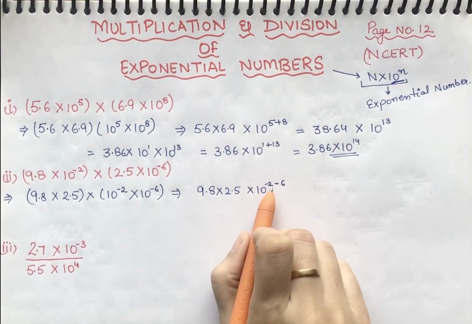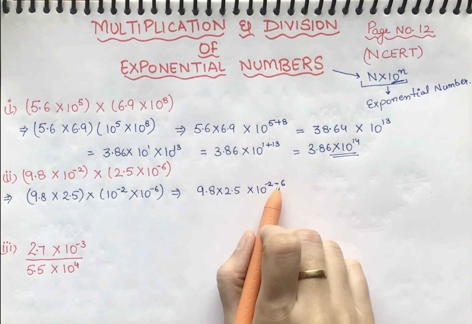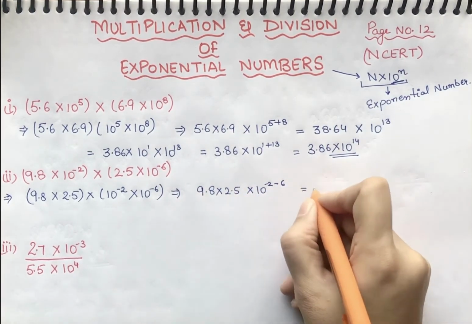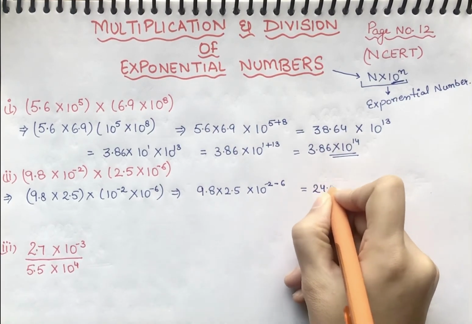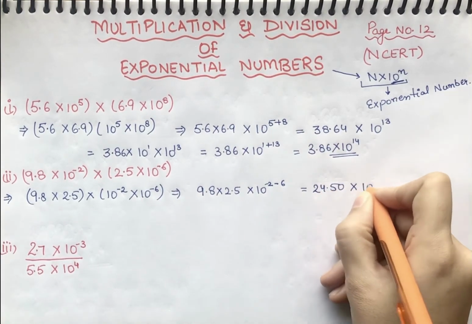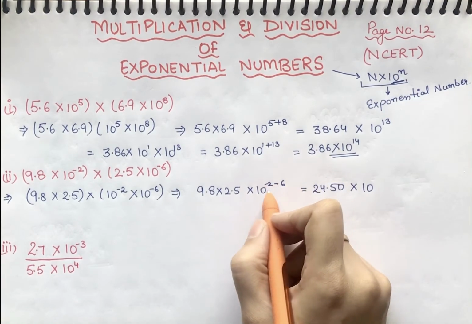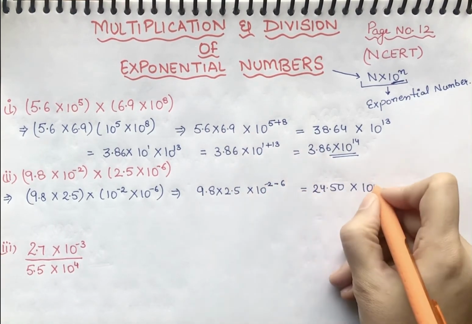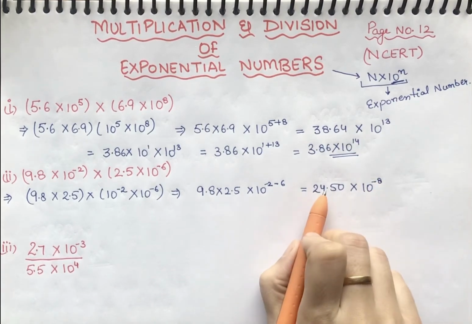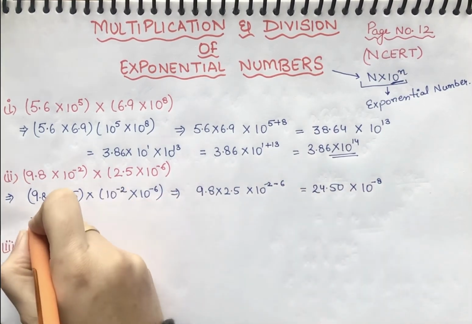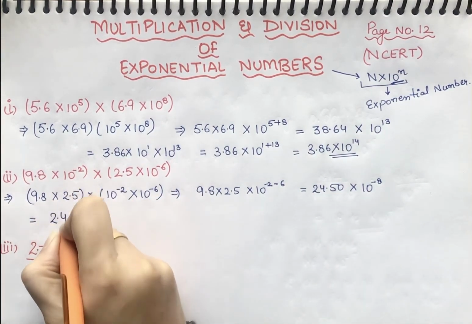I am adding these powers, so I will not change any of the signs. Now 9.8 into 2.5 is 24.50, and 10 raised to power minus 2 minus 6, the sign is the same, so I'll add these powers, so it will be minus 8. Now I know that I should have only one digit before the decimal, so it will be 2.450.